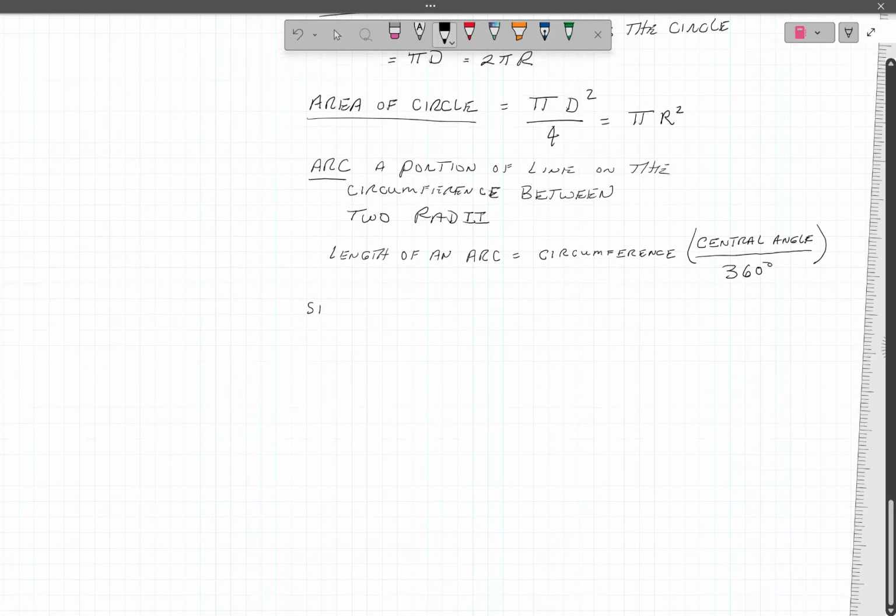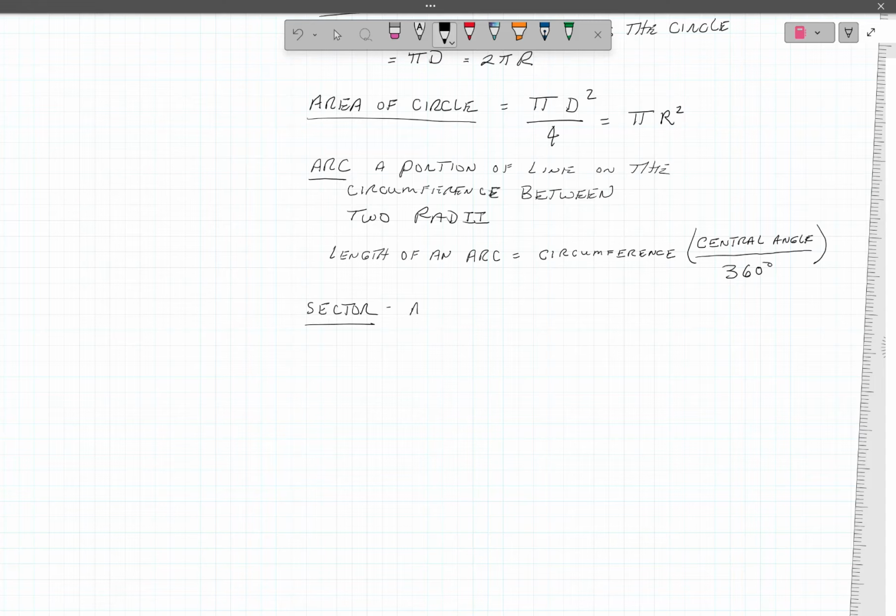All right, a sector is any portion of the area of a circle. A portion of the circle.